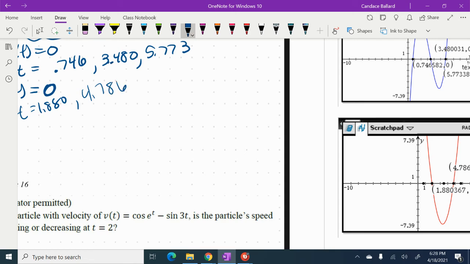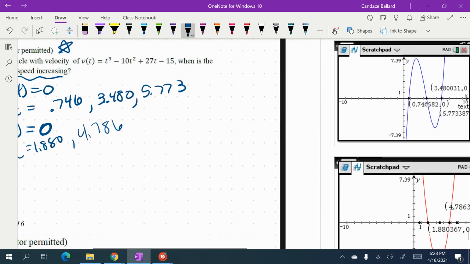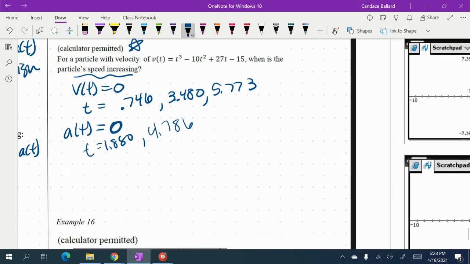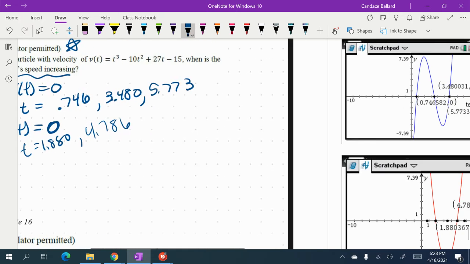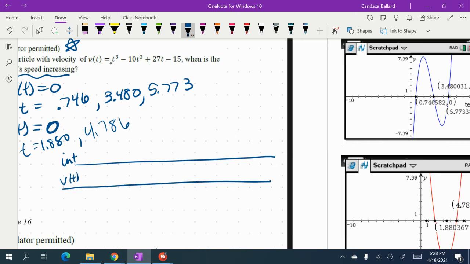All right, so now my favorite way to do this would be to get out a sign chart and look at the difference in our signs. Because if we're looking at increasing, we're looking for intervals that have the same sign. So we're going to put a fence at every one of these values. We're going to look at the sign of our velocity and the sign of our acceleration. We don't have to pick a t-value because we're just going to use the graphs.